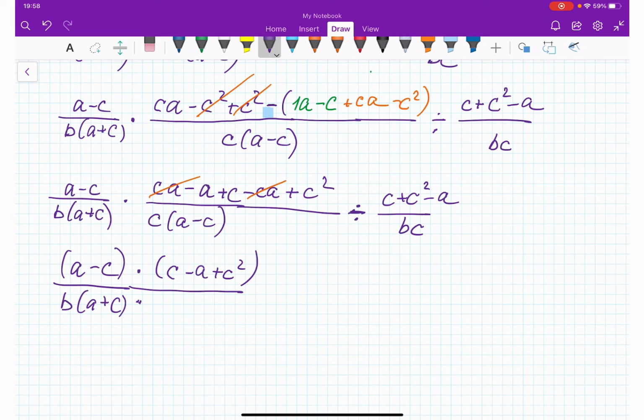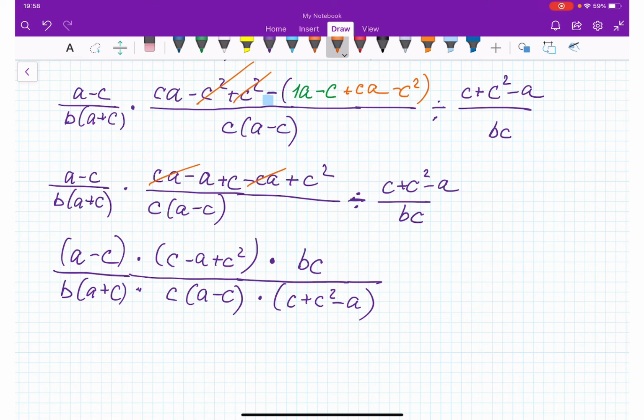Okay, and at the bottom I have c times a minus c. And now divided by, so I'm going to flip. bc comes to numerator, and in denominator I'm getting c plus c squared minus a. Look what beautiful simplification is going to happen. Cancellation, actually. This will be cancelled with this.